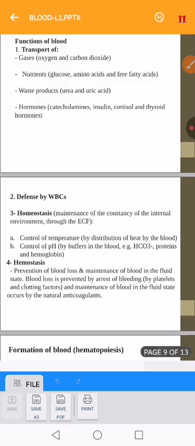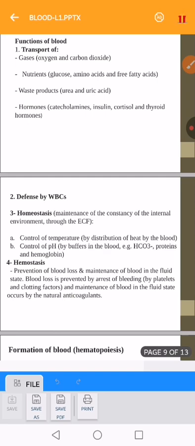Without WBCs, we cannot defend against infection. That is why immunocompromised people cannot survive for long, because there is no defense against anything. This is the second function of the blood, and you're going to learn more in the immunology course.